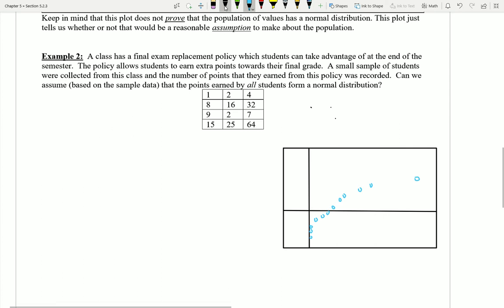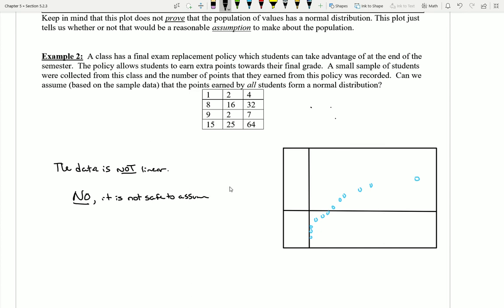So I can reach the conclusion then that the data is not linear, and so I can answer the question, no. It is not safe to assume the points earned by all students form a normal distribution.